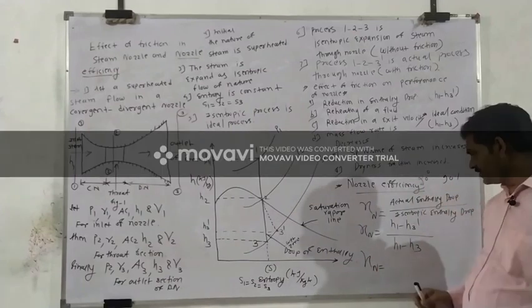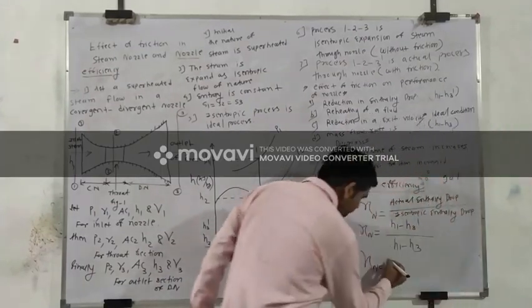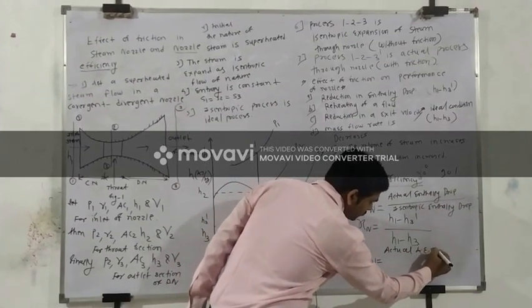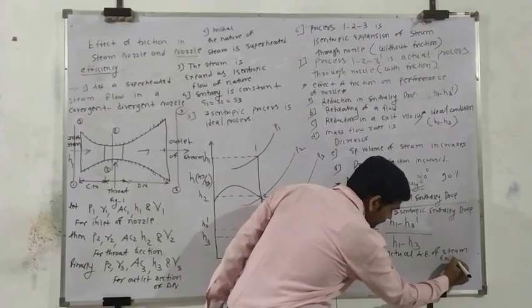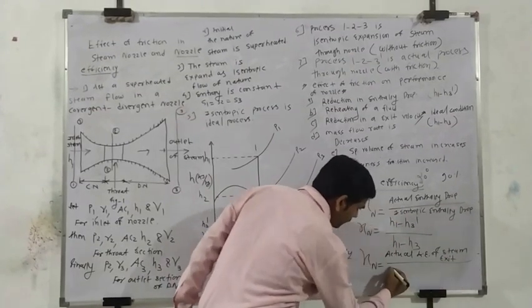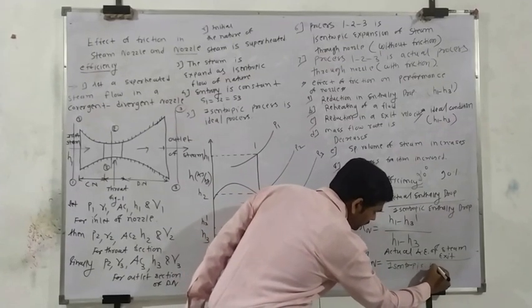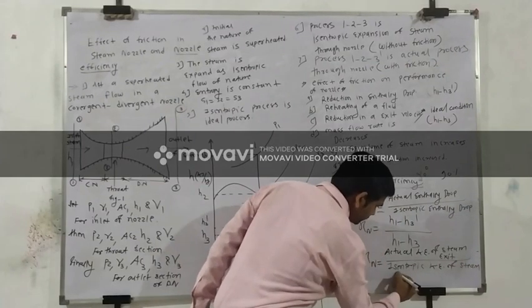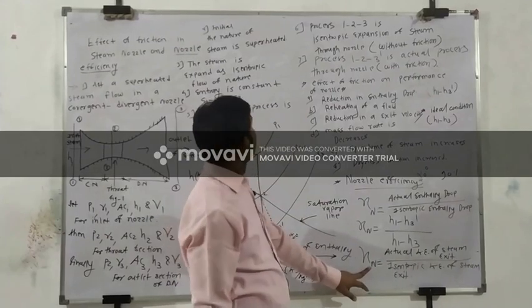This is the other definition of nozzle efficiency: actual kinetic energy of steam at exit upon isentropic kinetic energy of steam at exit.